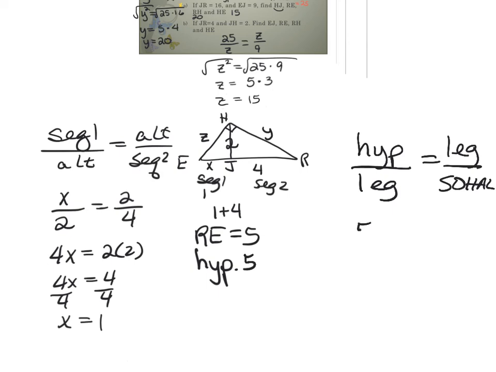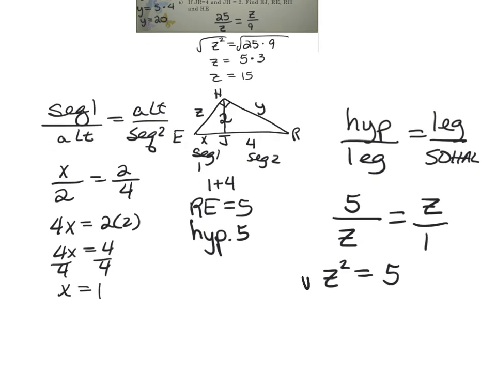It's 5. I'm going to find Z. Its adjacent segment is 1. So Z times Z is Z squared. 5 times 1 is 5. So this answer is just square root, and Z equals the square root of 5. And Z was also HE.